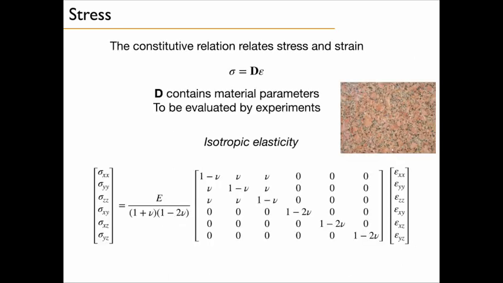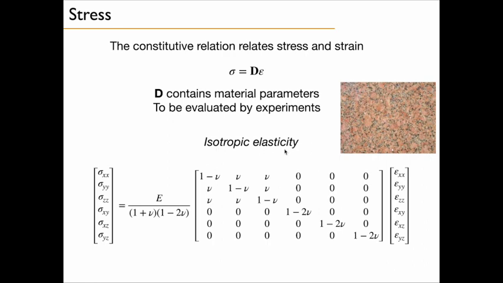So the good news is that if everything looked a bit complicated and dense right before, things can be simplified using symmetry again, or material symmetry. So in the case of isotropic elasticity, which is what we will use during the whole course, the matrix reduces to a simple expression.